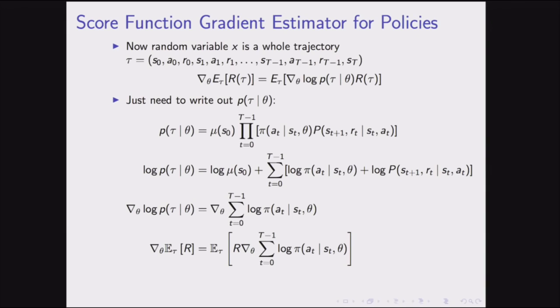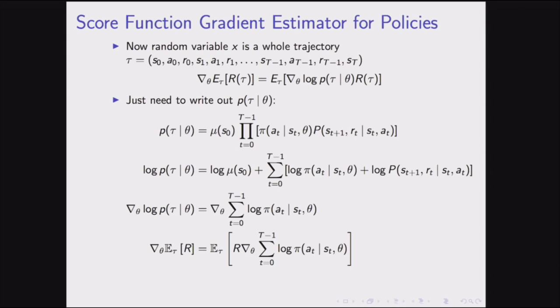We've got our mu of S0, which is just our initial state distribution. And then every time step, we sample the action according to pi, and we sample the next state and reward according to our dynamics model. So log turns that product into a sum. And here's the cool part. Everything that doesn't contain theta drops out.